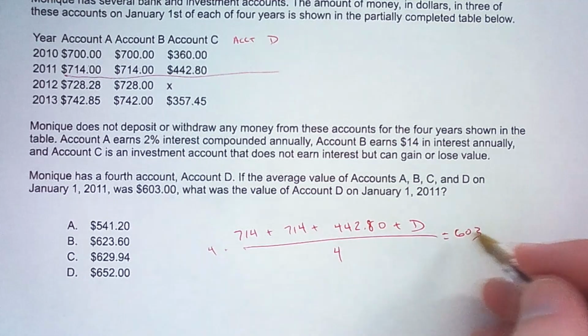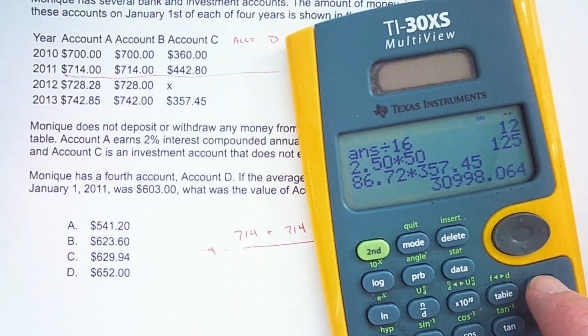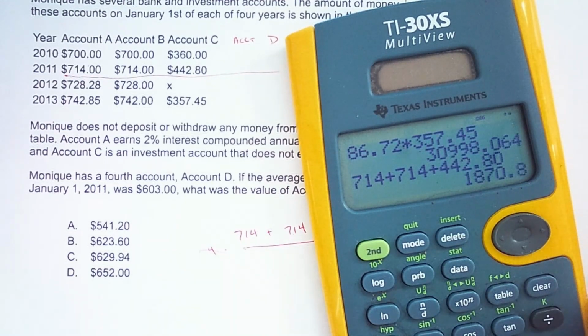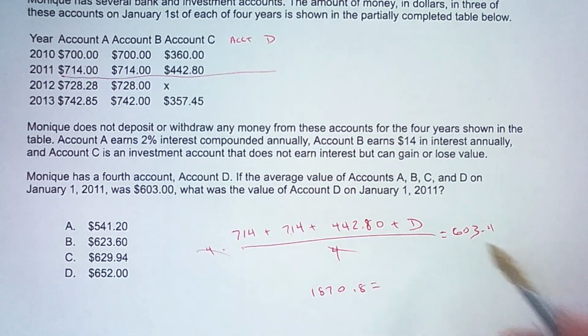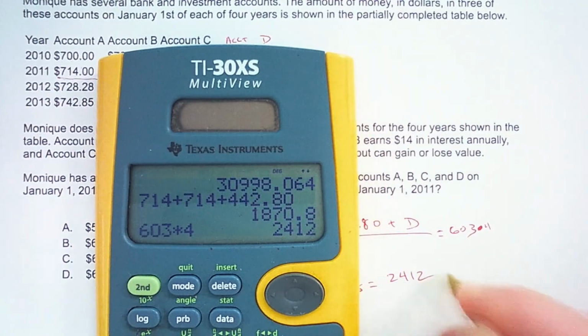So to solve this, I can multiply both sides by 4 to cancel this here. While I do that, I'll combine my like terms. So I've got 714 plus 714 plus 442.80, and that's 1870.8, equals 603 times 4, which is 2412.